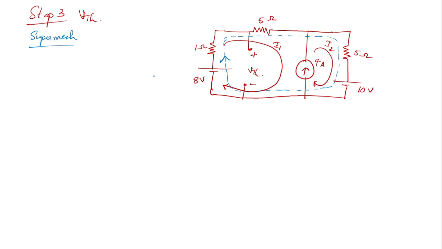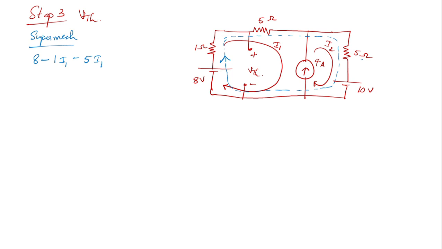And I'm going to write the equation for the super mesh. You have the 8 volt over here, so that will be plus 8. Then you have the 1 ohm over here, so it is minus 1 into the current over here, I1. Then you have 5 ohm and the current is I1, so minus 5 into I1.